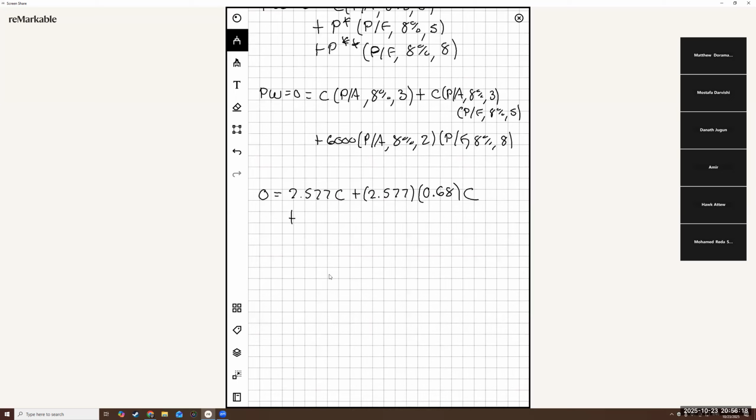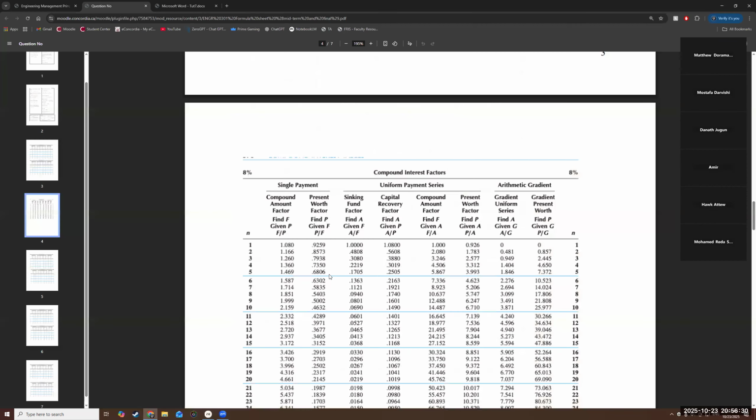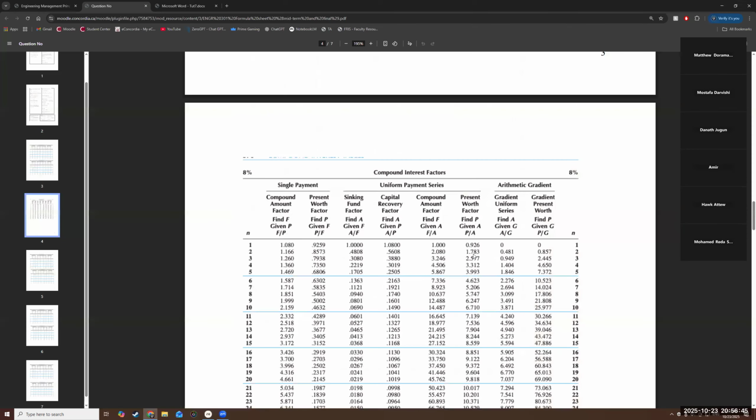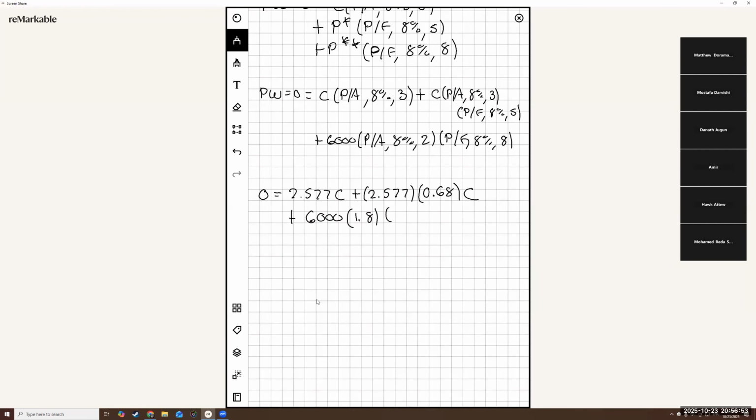plus 6,000 P over A, 8% for 2. P over A, 8% for 2 is 1.8, times P slash F, 8% for 8, which is 0.54.